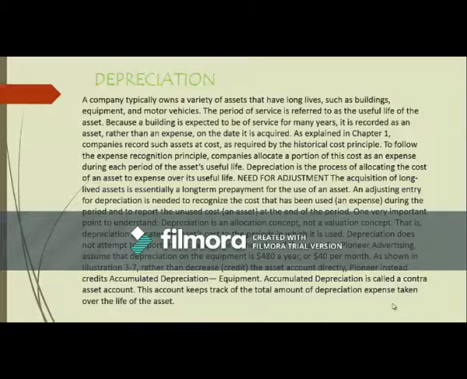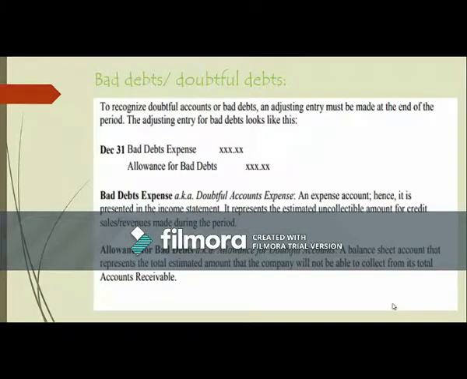So this is called depreciation. The opposite account of depreciation is accumulated depreciation. Again, bad debt is about doubtful transactions which are not clear to us yet.